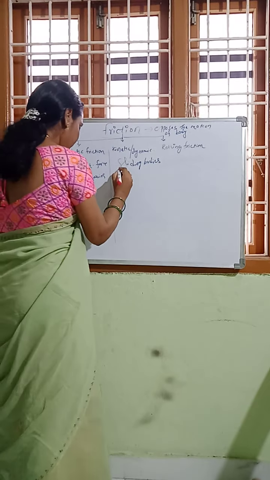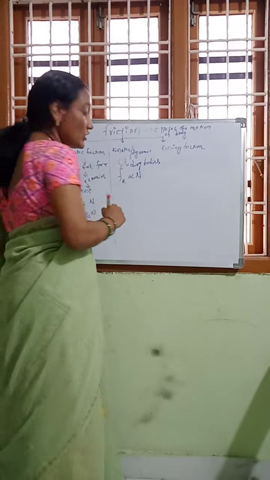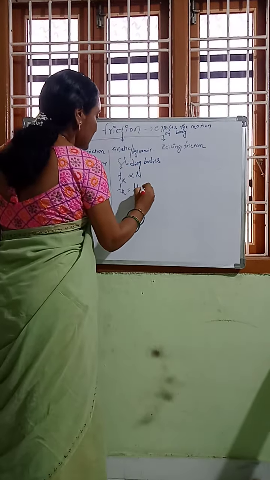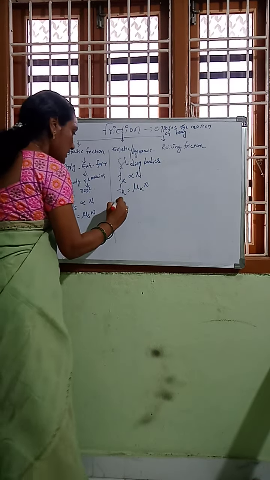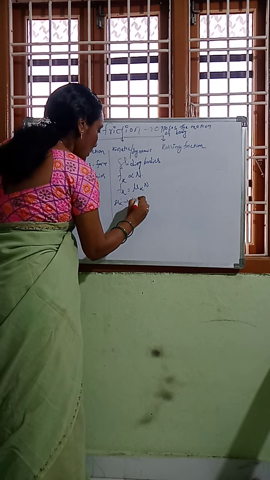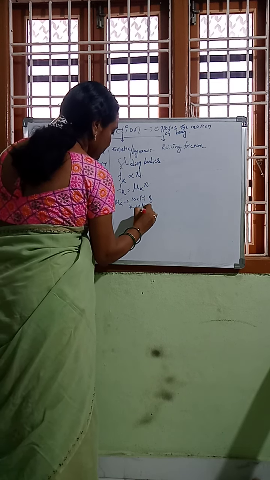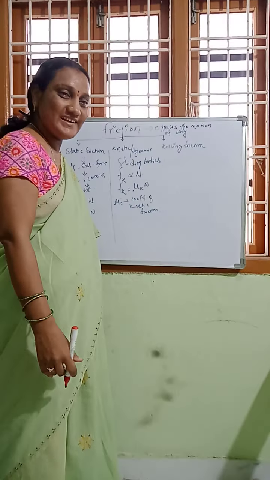So now here, this kinetic friction also depends on the normal reaction force. Fk is proportional to N, Fk equals mu k into N. Mu k we call the coefficient of kinetic friction. Right?